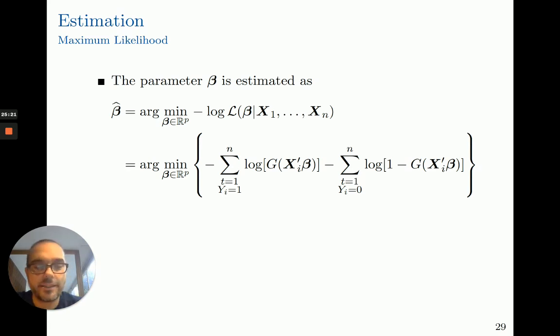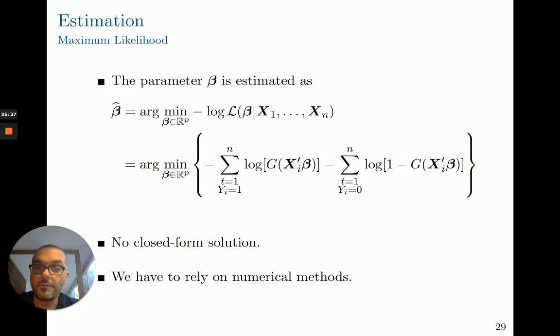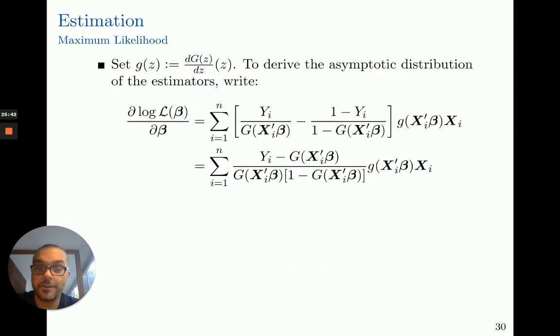Of course, there's no closed formula, so we have to run iterative optimization algorithms to solve this minimization program, and we have to rely on numerical methods.